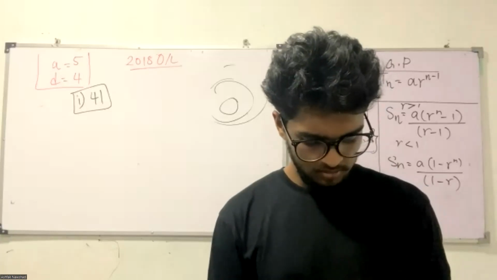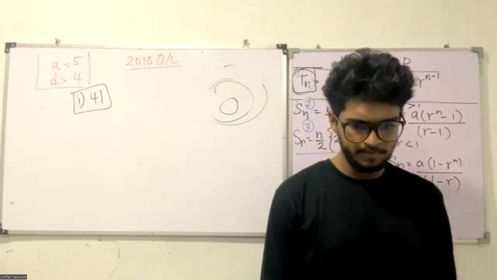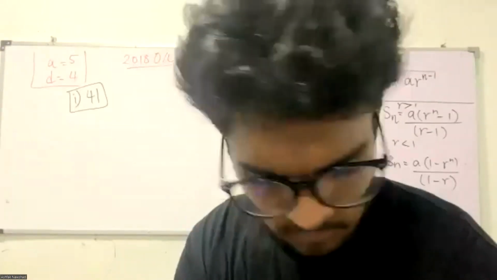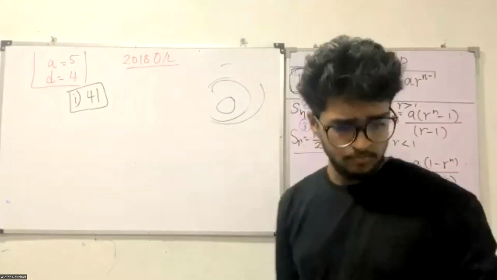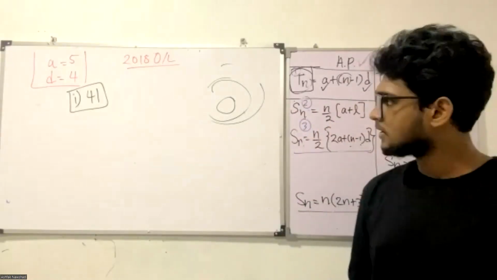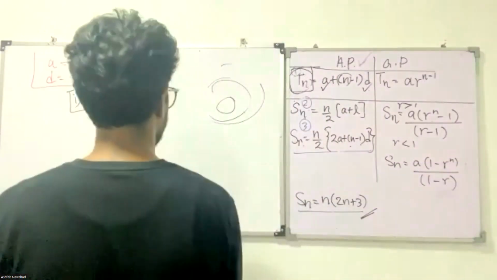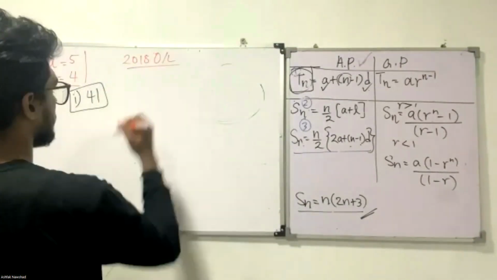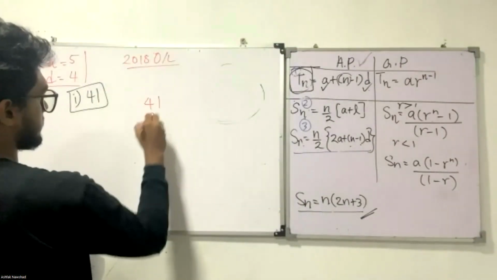Okay. So I'll start explaining them. See the question. Among the circles, starting from the 10th circle, now consider this a progression. So we know there's 41 bulbs in the 10th circle.